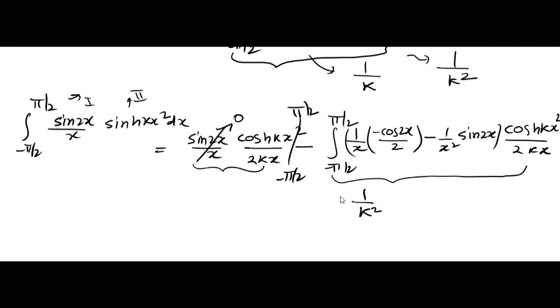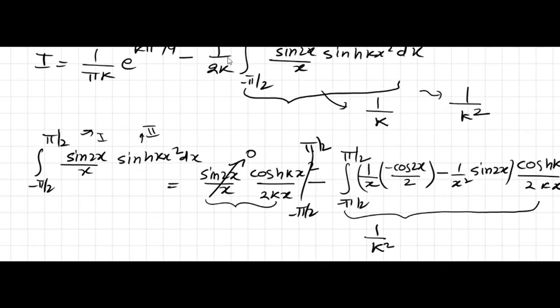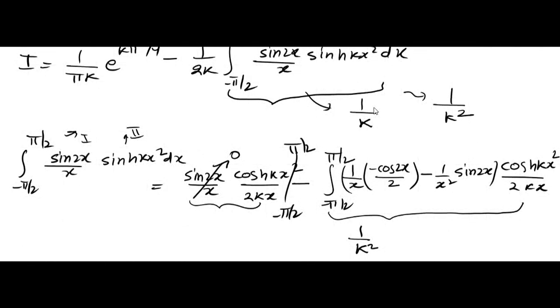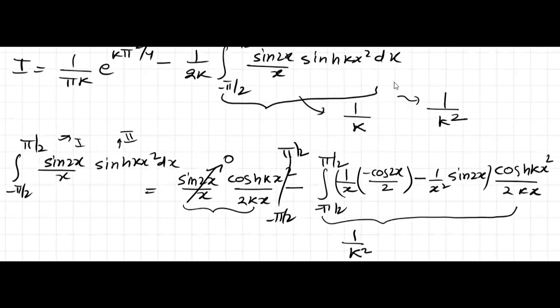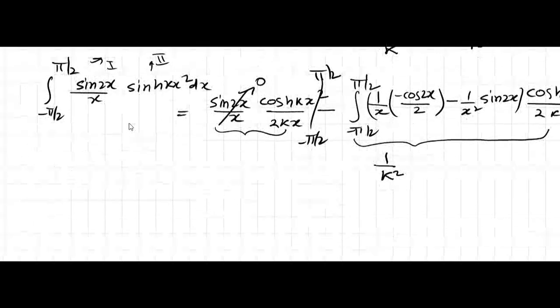And outside this integral there is 1 over k sitting there. So if we solve this integral, this turns out to be of the order of 1 over k cube, and in the limit of large k, this has to be very small.